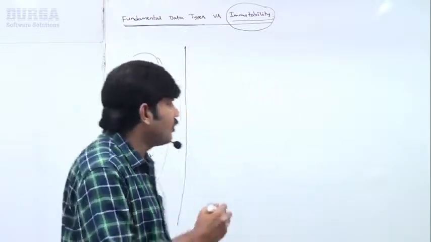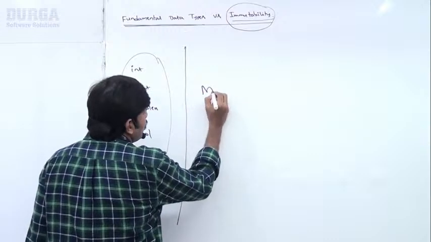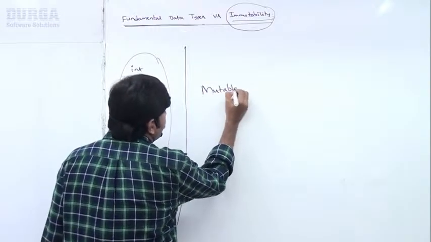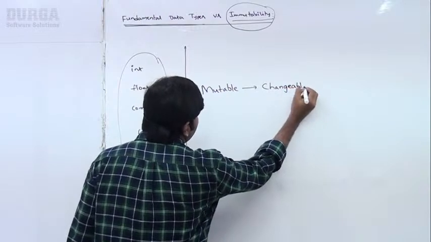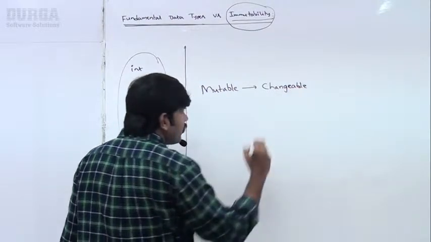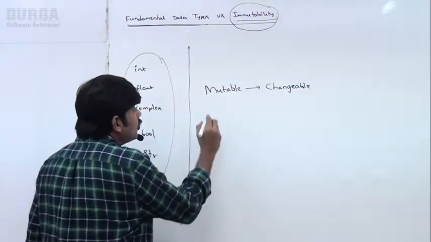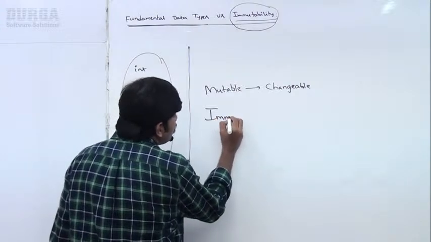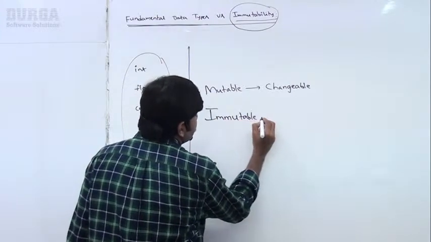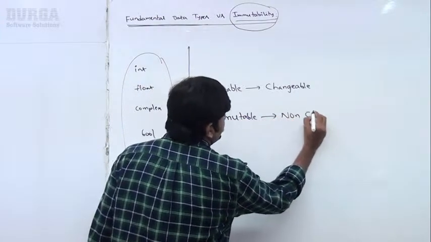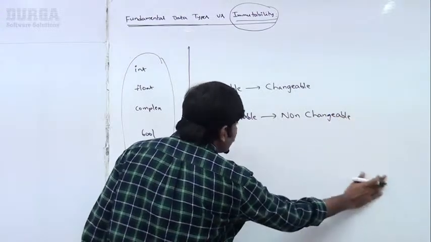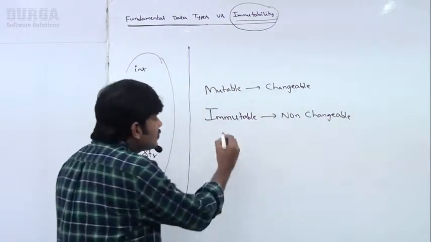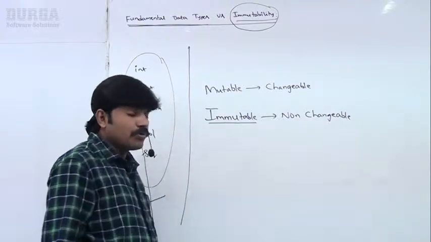What is the meaning of mutable? Very important word. Mutable means changeable, happily you can change. Immutable means non-changeable. You can't perform any changes. Such a type of thing is called immutable.